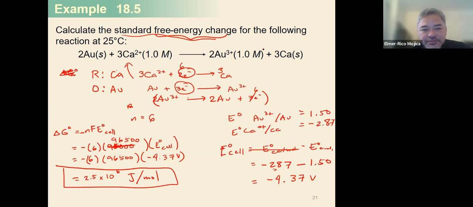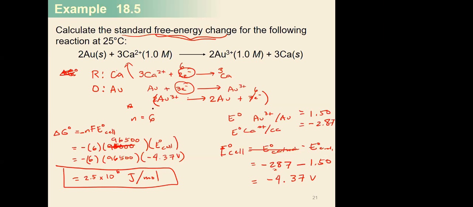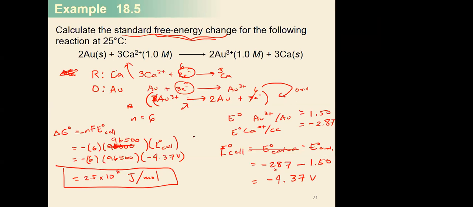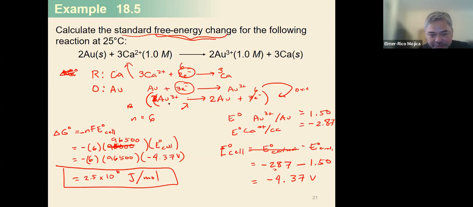Your half reaction for gold, is it correct? You have to look at the one here on this side, the second one. See that? I transform it to what we call the oxidation form. Would the elemental gold react with 3 electrons to give you Au 3 plus? No, it's the other way.